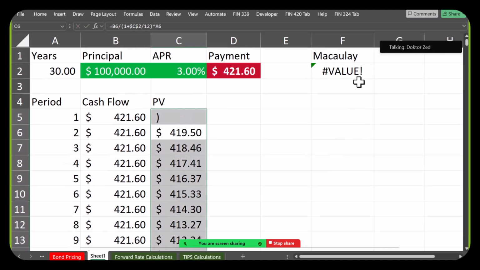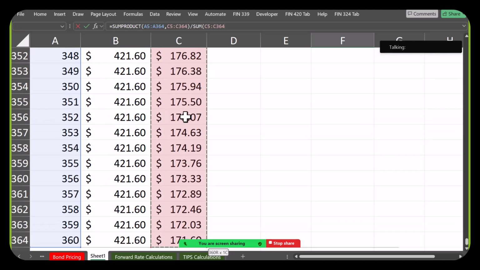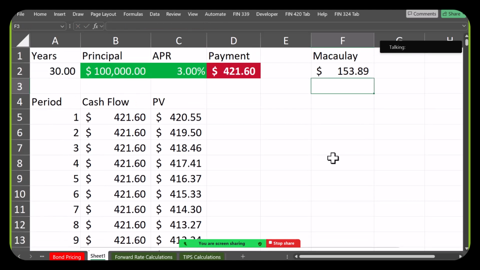So this is in months, because periods are in months.